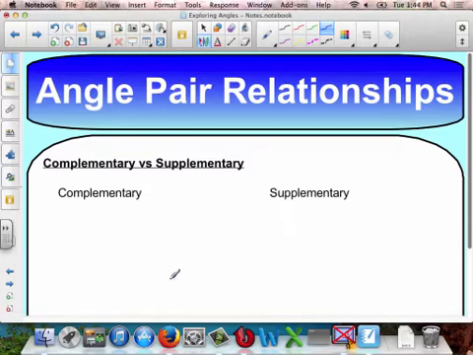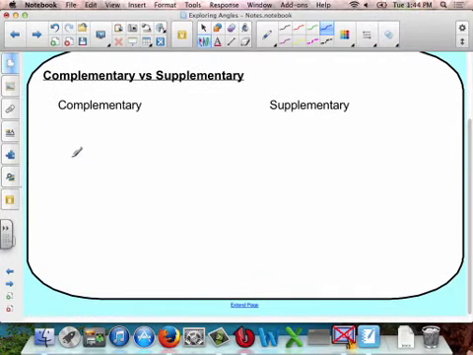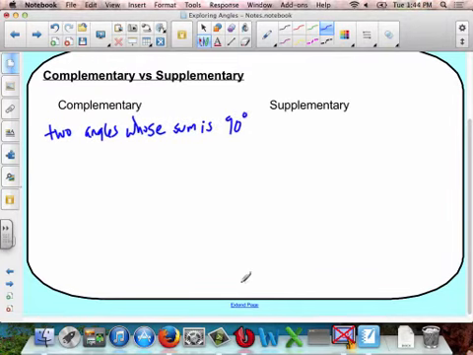Complementary means that it adds up to 90 degrees. So there are two angles whose sum is 90 degrees. Does that tell you anything about their individual measures? Does that make each one automatically 45 degrees?